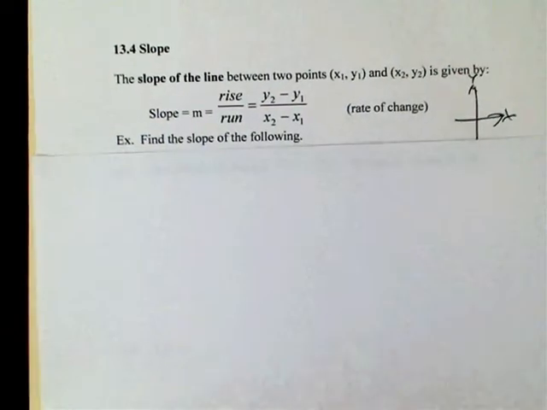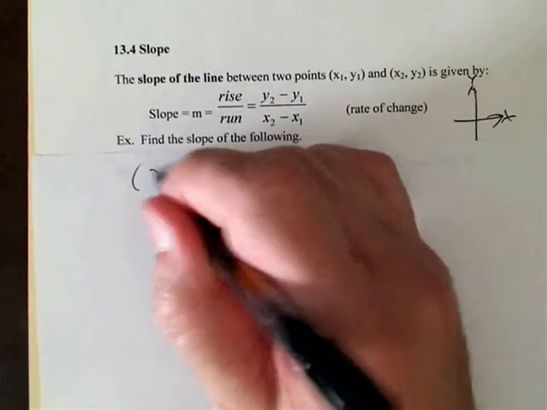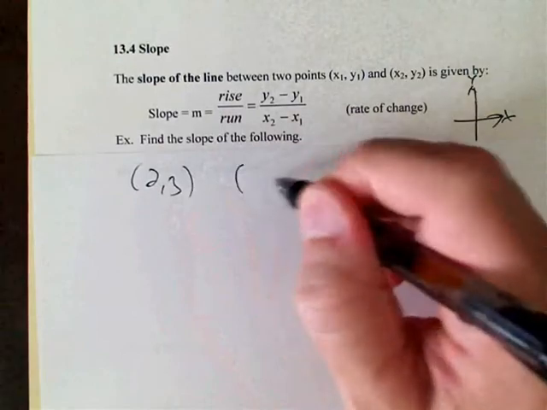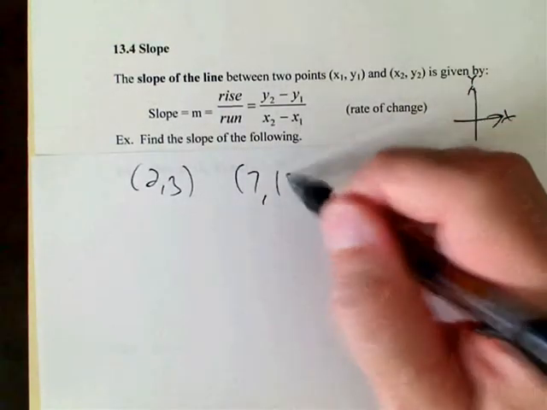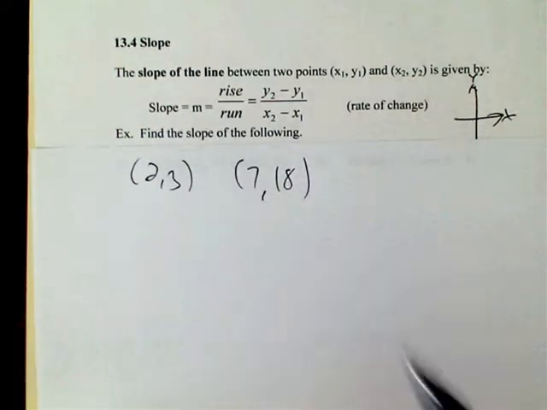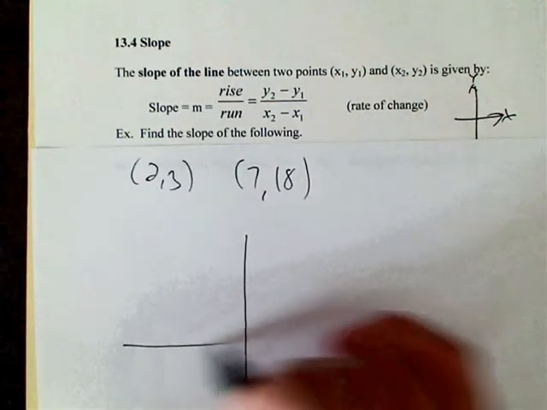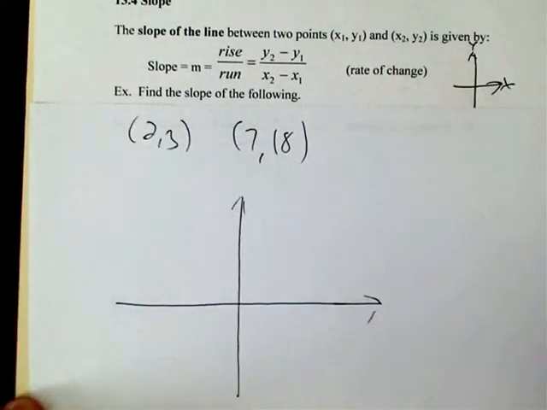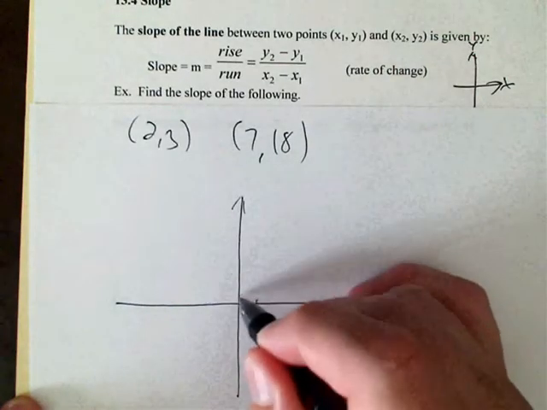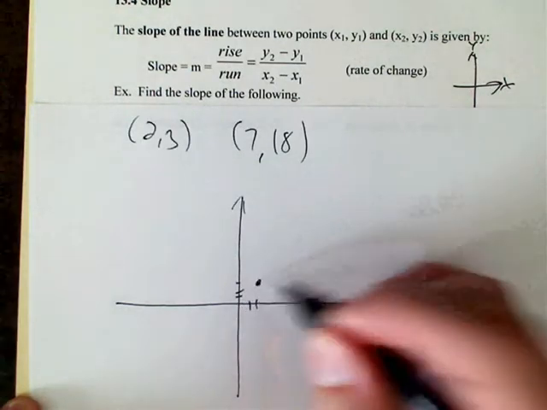We're going to find the slope between these 2 points, (2, 3) and (7, 18). Now I'm going to draw the line. I'm only going to do this once, then I'm going to show you the value of a formula. Now 2, 3 will be about right there.